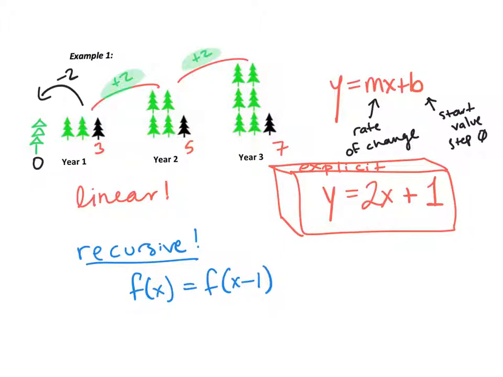And remember, this just tells me, hey, to get to f of x, I need to go back to x minus 1. So I'm going back to the previous step, the time before, to get to this x. Stepping back to the previous step, and then what am I doing right next to that? I'm applying the pattern. So in this case, the pattern was plus 2.